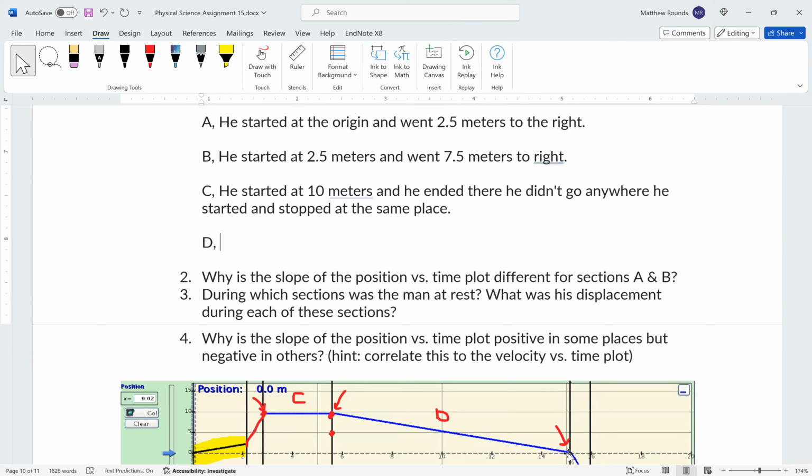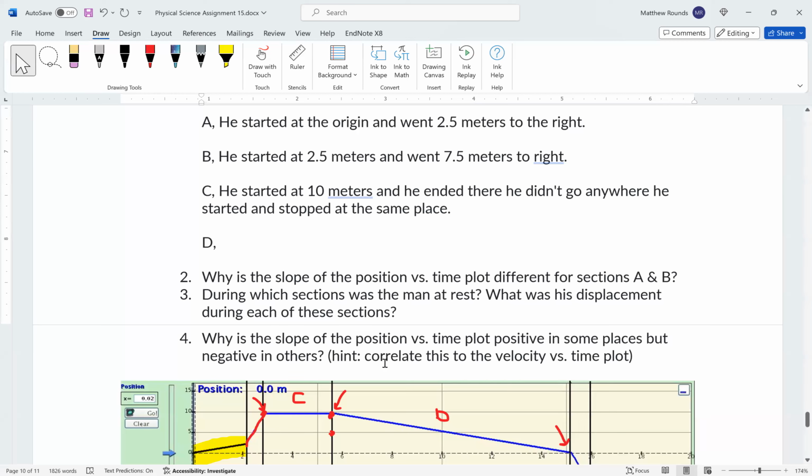He started at 10. Good. And then he walked to get to 0 again, 10 meters. He didn't go right because he's already to the right. Which way must he have gone? Left. There you go.